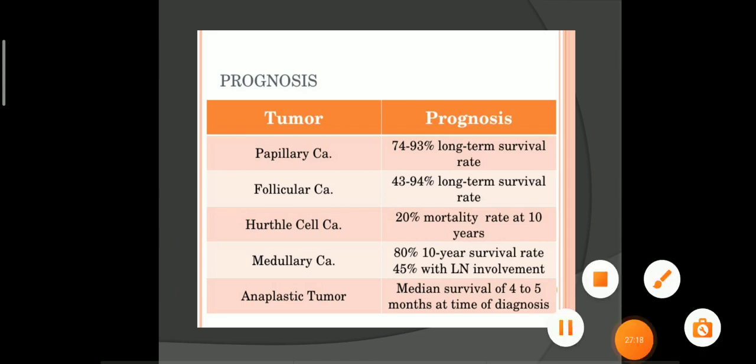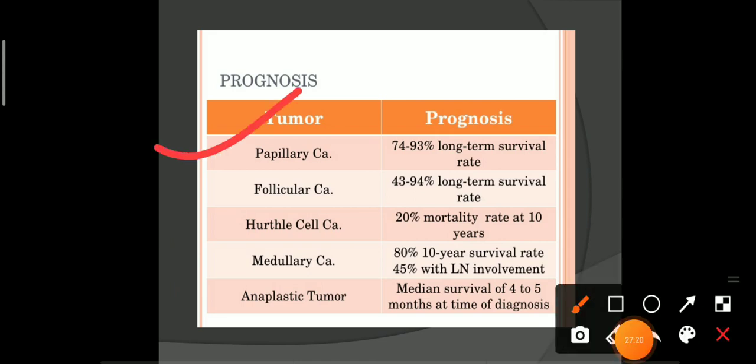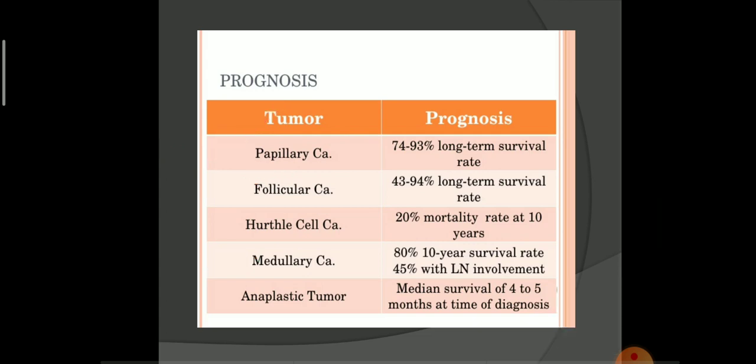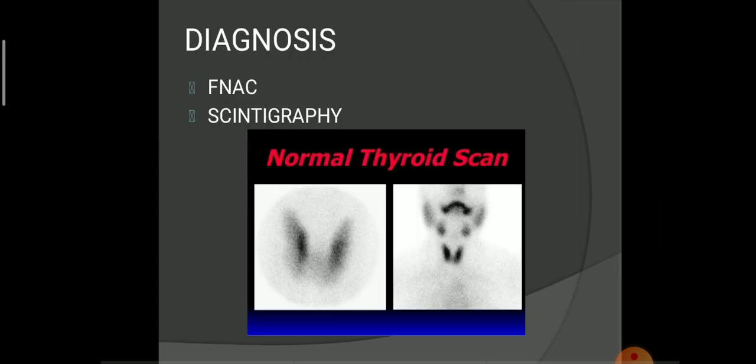We already discussed that the prognosis of papillary carcinoma is very good, followed by medullary and follicular carcinoma with a little lower, or poor, prognosis. Okay, now the diagnosis depends upon the thyroid scan, scintigraphy and FNAC.